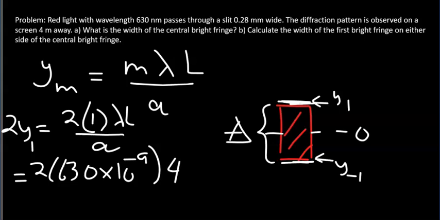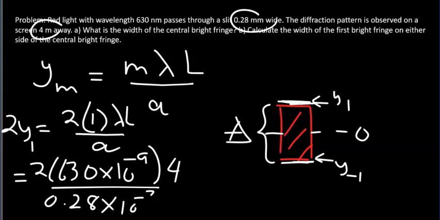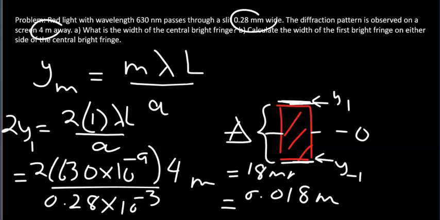L is 4, over the width of the slit, 0.28 millimeter. So 0.28 times 10 to the power minus 3. And this will give you the answer in meter. And the calculation reveals the answer to be 0.018 meter, or quite simply 18 millimeter for part A.